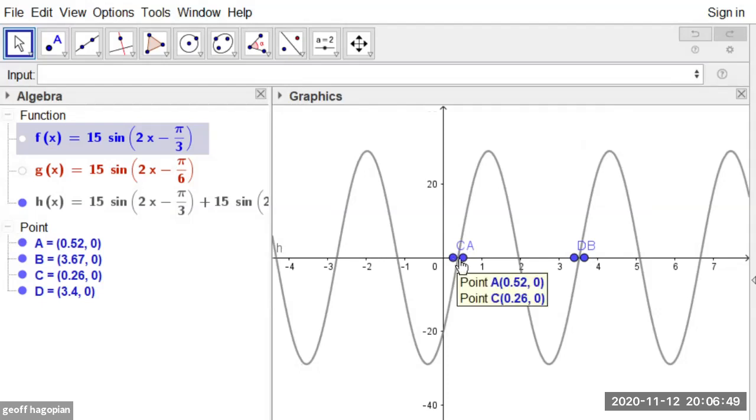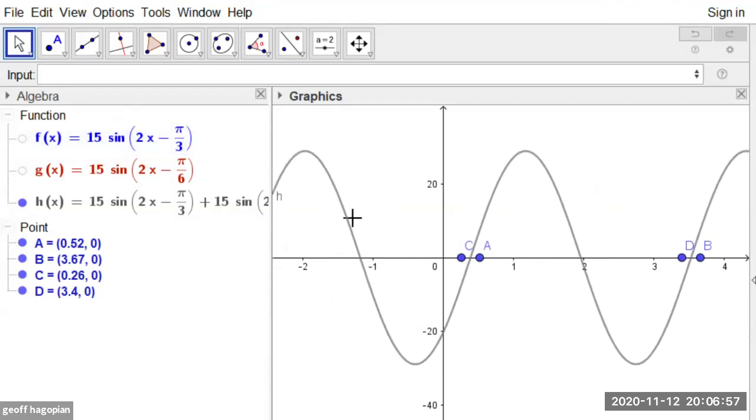So I think pi over 8, I want to say. What's halfway between pi over 12 and pi over 6? Well, 3 pi over 12 divided by 2 is pi over 8. So if I say pi over 8 comma 0, there it is. That's dead on where it's starting.